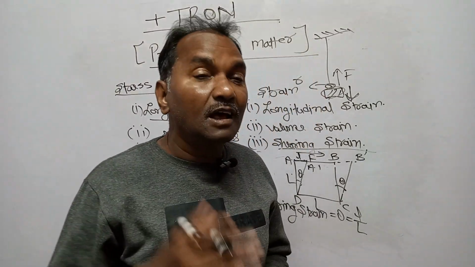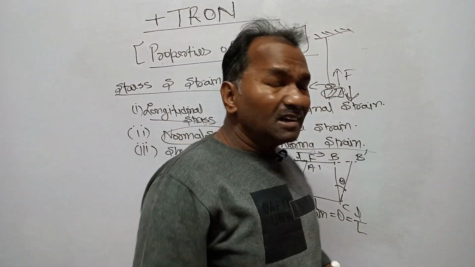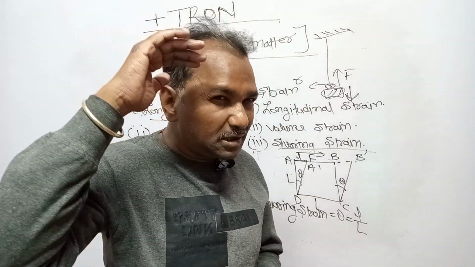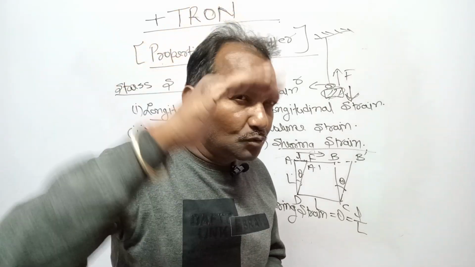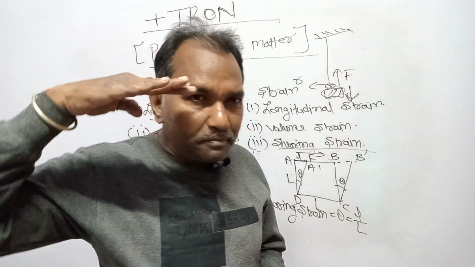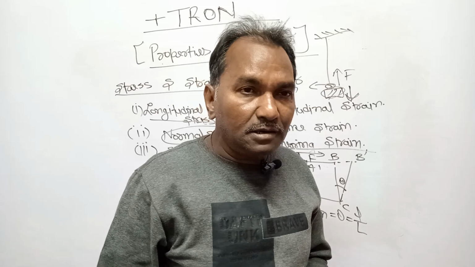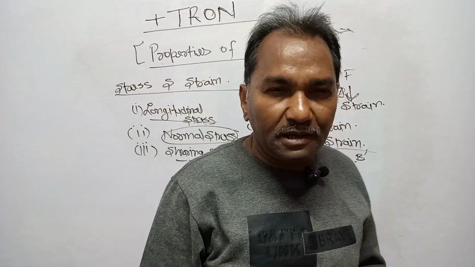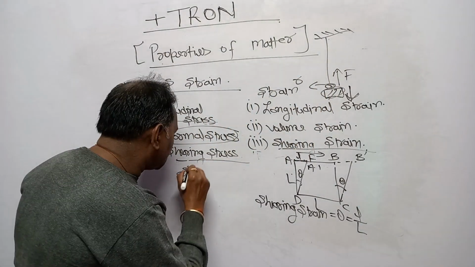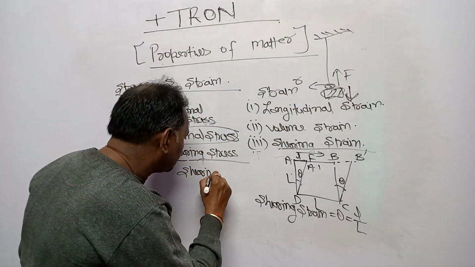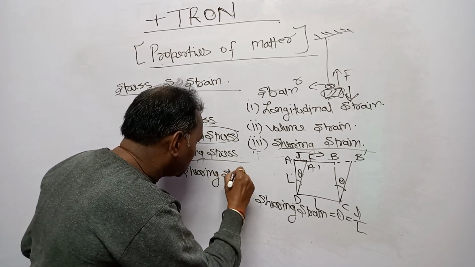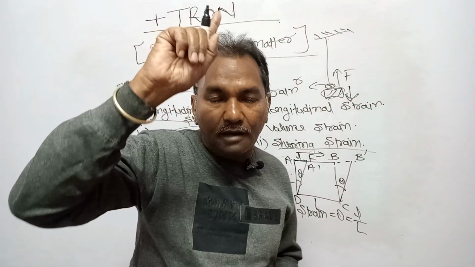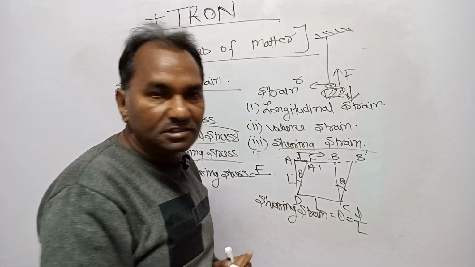Shearing stress is what? I have said that the room in which you are sitting and watching my video, at the top surface, at the ceiling, at the roof of that room, I have applied a tangential force, right? So the shearing stress is force divided by area, that is, tangential force divided by the area of the ceiling where you have applied the tangential force.